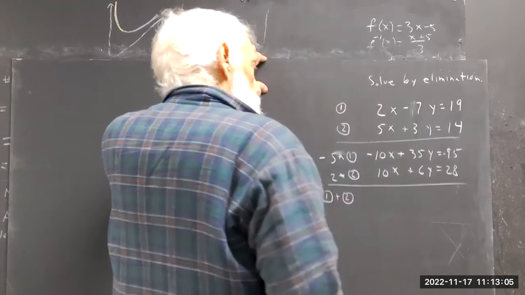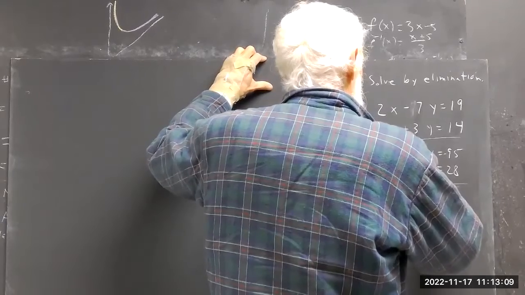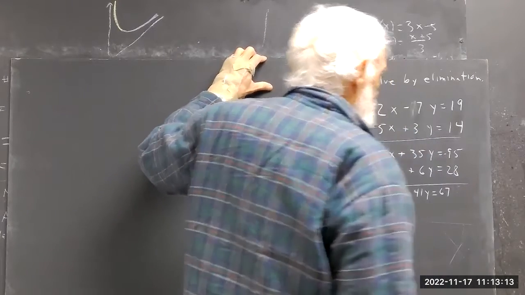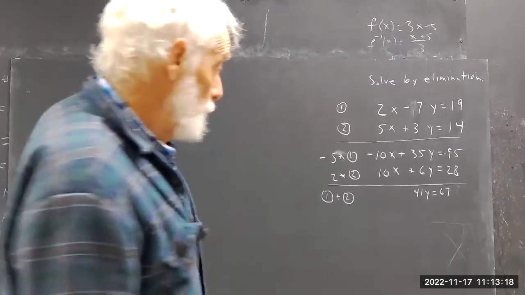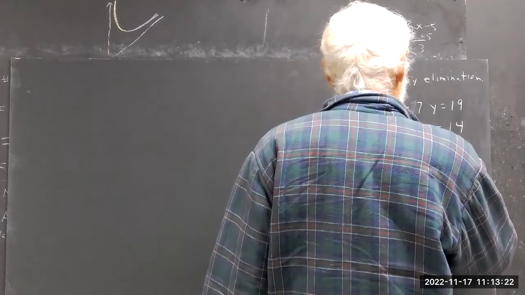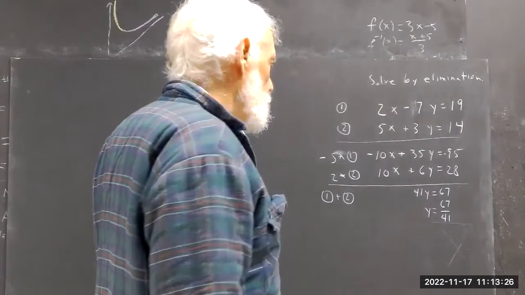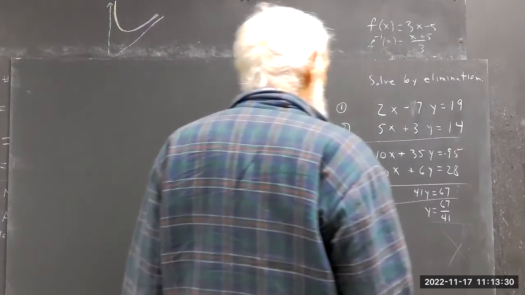Add the first equation to the second, and I'm going to get 41y equals 67. So y equals 67 over 41.